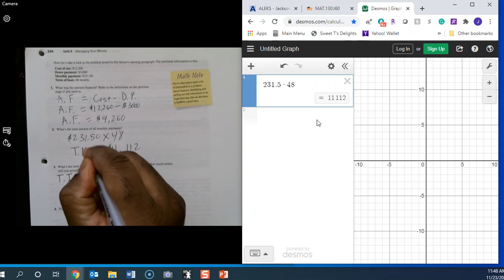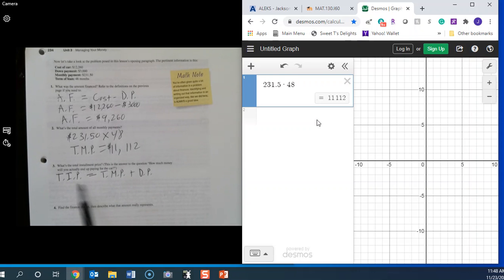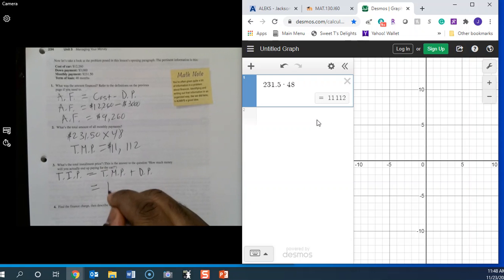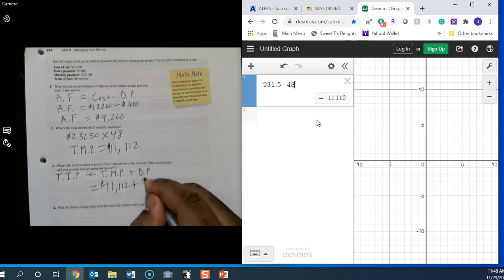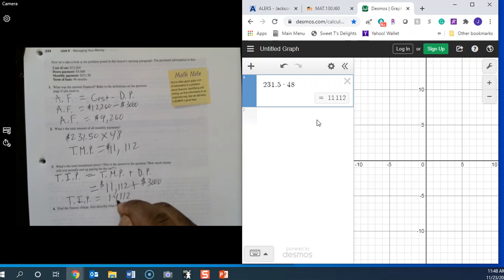This should have been the total monthly payments. So the total monthly payments, as we see here, is $11,112 plus the down payment. The down payment was $3,000. Now we add them together, and our total installment price is $14,112.